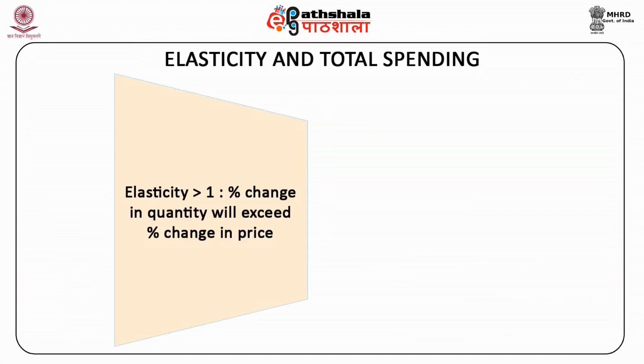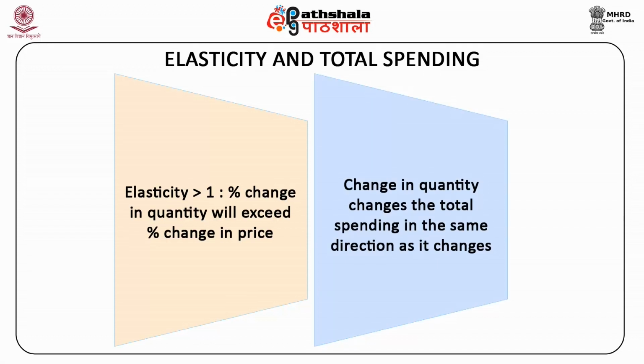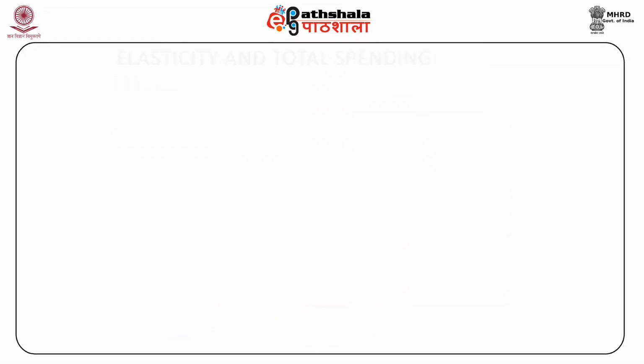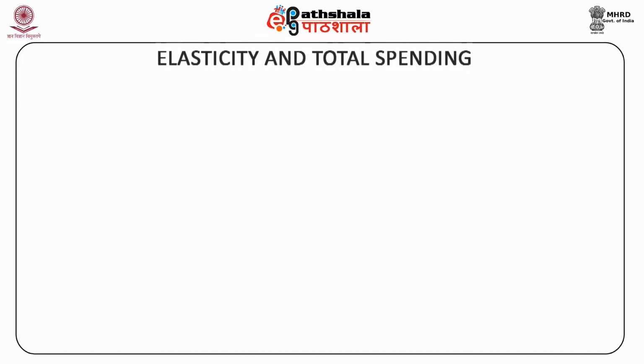However, if the elasticity is more than unit elastic, then the percentage change in quantity will exceed the percentage change in the price, and this change in quantity will be so influential as to change the total spending in the same direction as it changes, opposite to the direction of the change in price. Hence, based on this, we can draw the following outcomes.